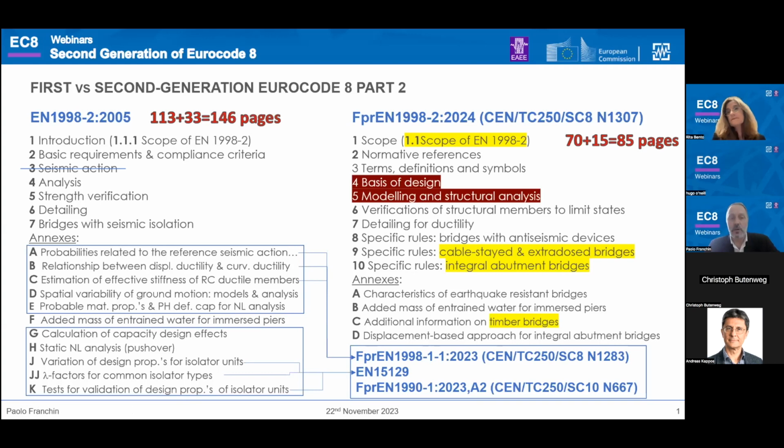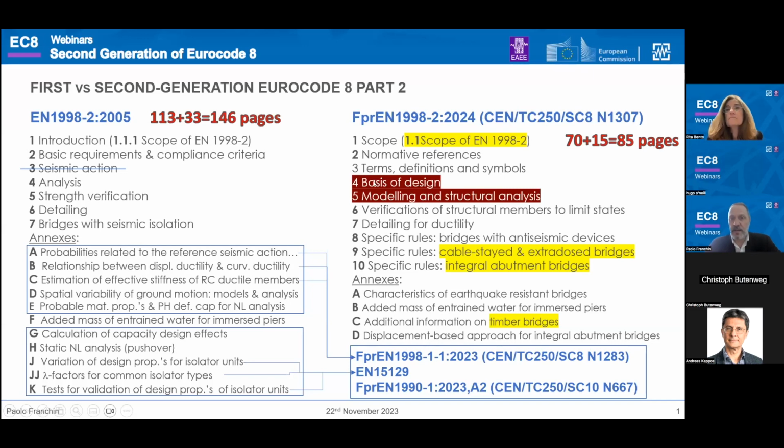And so a lot of material has been removed or moved to part 1.1, like many of the things about modeling and nonlinear analysis, or by making reference, especially for anti-seismic devices, to the product standard EN 15129.